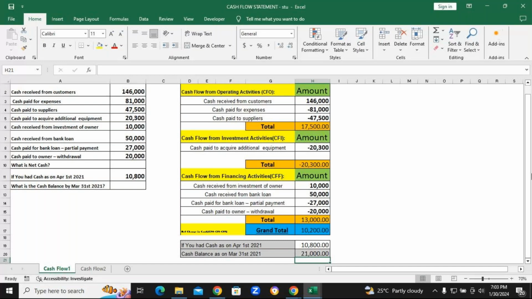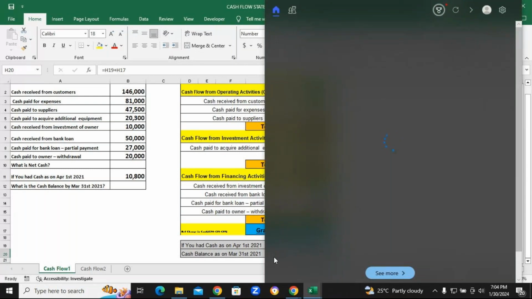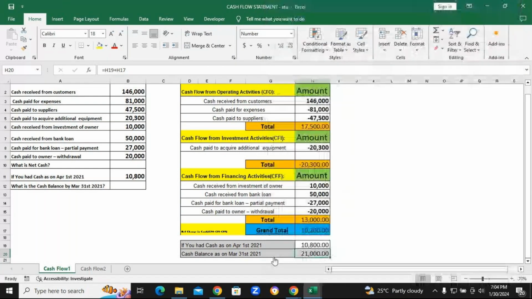Excuse me, ma'am. Yes. Ma'am, can you repeat the cash balance on March 31st, the last one? So here it is nothing but I have just taken the opening cash balance at the beginning of the financial year plus the net change.